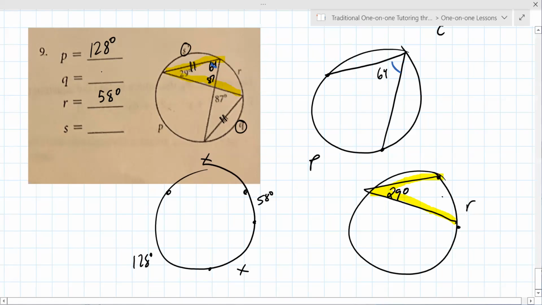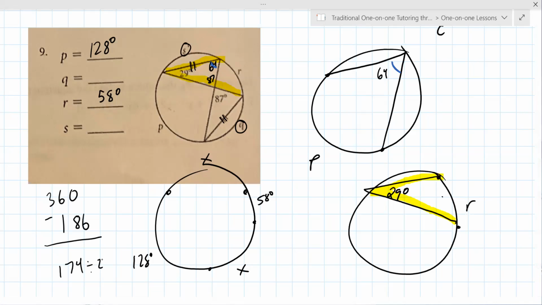Wait, it's 186, and then you subtract that from 360, so that's 174, and you divide that by 2. I wrote that wrong.